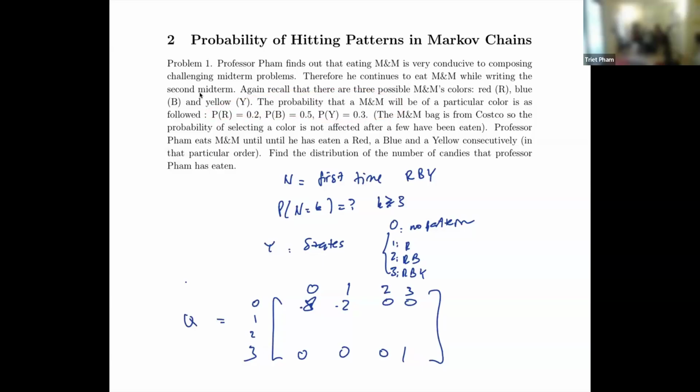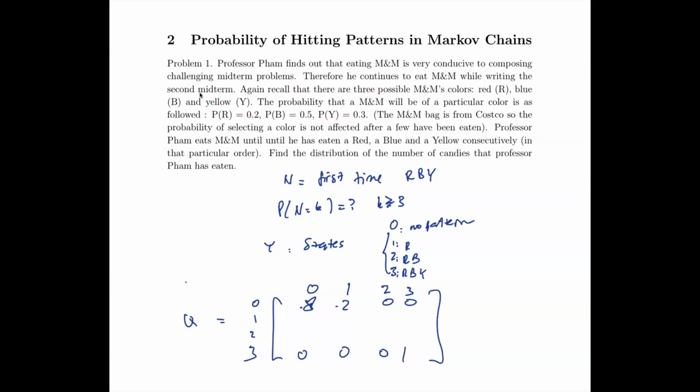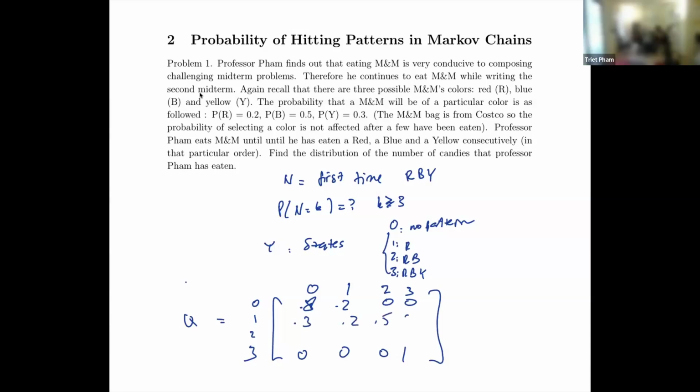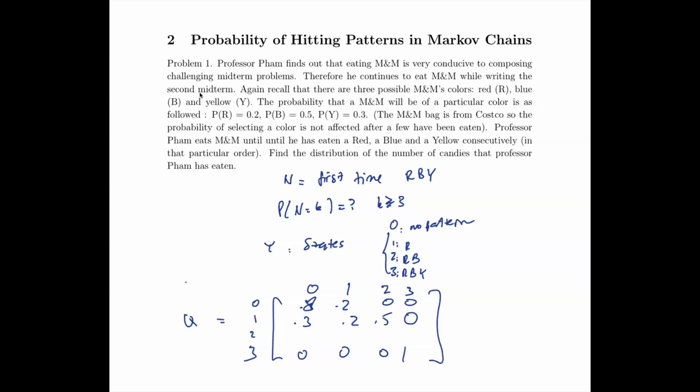What's the first row? 0.3, 0.2, 0.5, 0. Do we agree? All right. Second row. 0.5, 0.2, 0.3.